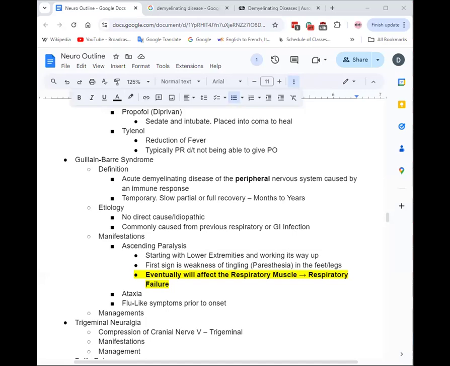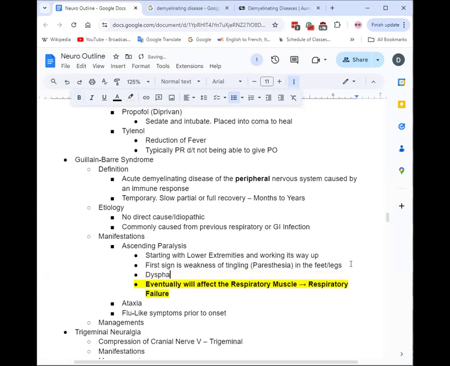Yeah, so difficulty speaking, swallowing, facial muscle weakness, aspiration. So that all makes sense with the ascending paralysis. You've got to really worry about eventually there can be dysphagia, risk of aspiration. Yeah, over time, muscle atrophy.